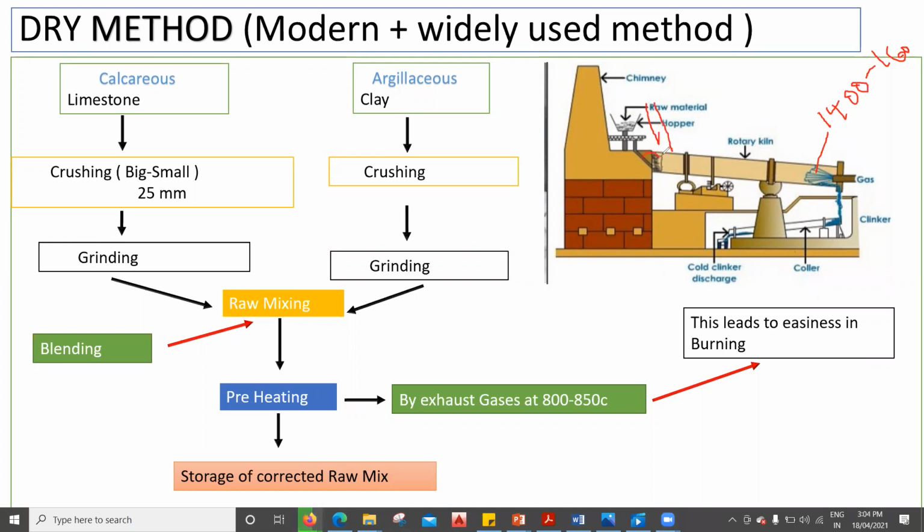When we put the raw materials here, what is going to happen? Somewhere here, the temperature will be around 1400 to 1600 degrees Celsius. As a result, the gases are going to come out from here, and these are called exhaust gases.